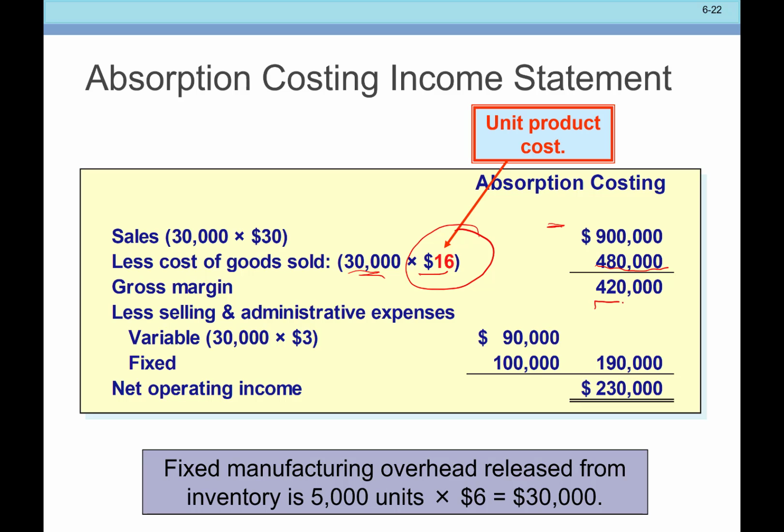That gives me my gross margin or gross profit of 420. And then when I subtract my selling and administrative, it's only the what? Selling and administrative, both fixed and variable, right? We always expense all of our selling and administrative expenses. That gives me total selling and administrative expenses of 190 off of my gross margin, gives me a net operating income of 230. So absorption had what?